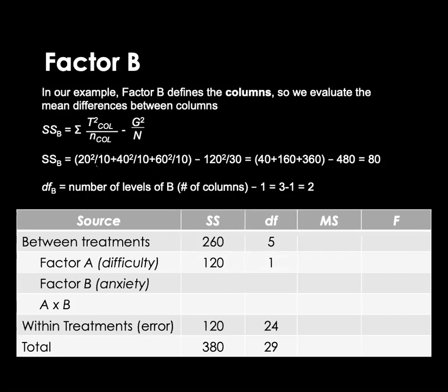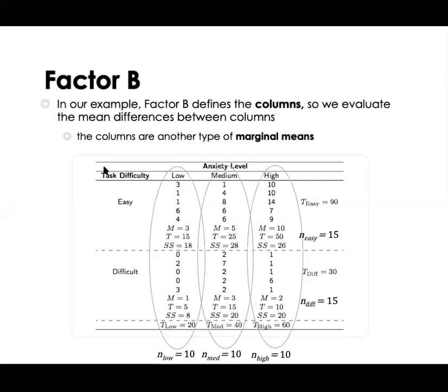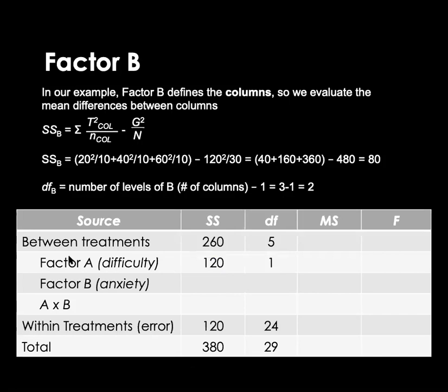So T squared divided by n for column 1. Here's our T value for column 1, or low anxiety, is 20. The n is 10. So that's where I'm getting these numbers, 20 and 10. 20 squared divided by 10. The next column, T is 40 squared divided by 10, the n is 10. And the third column, T and n values.